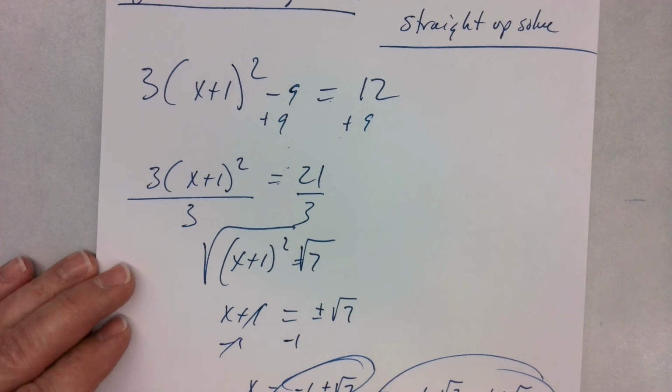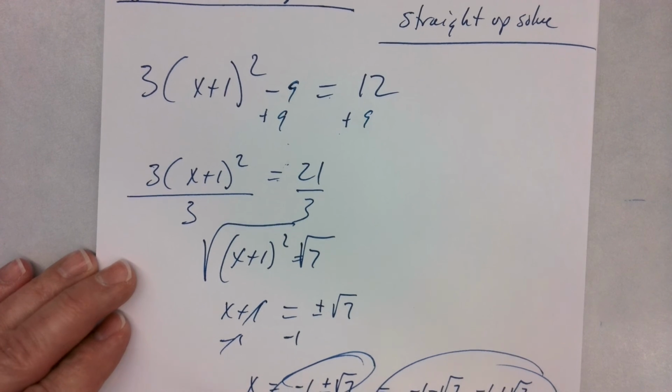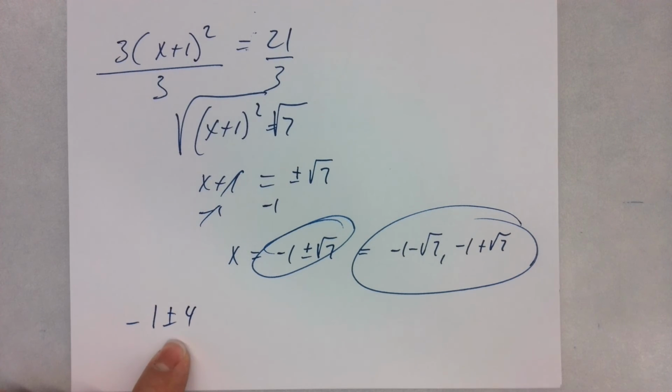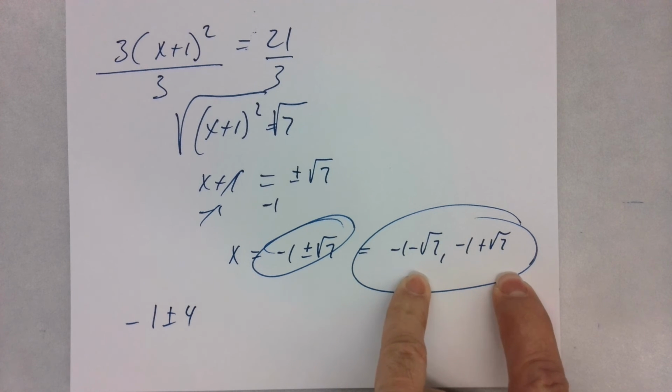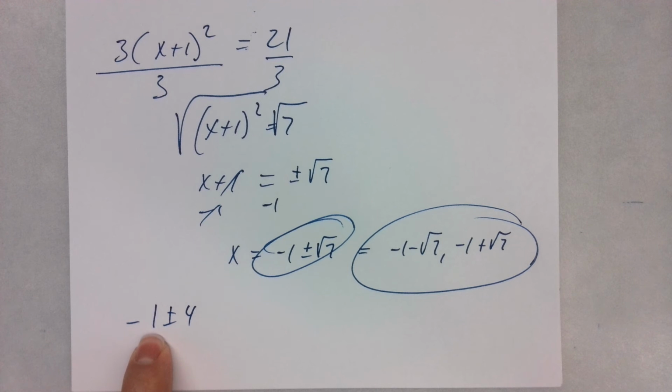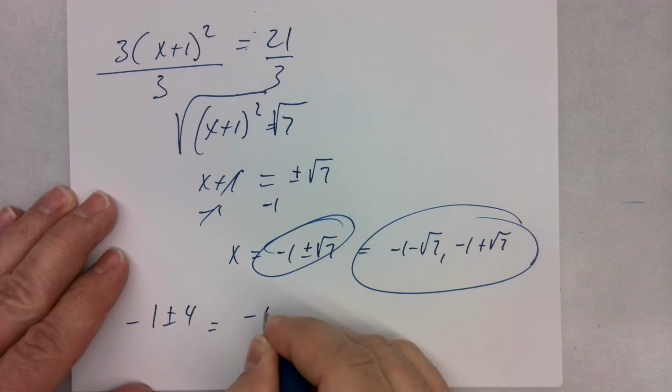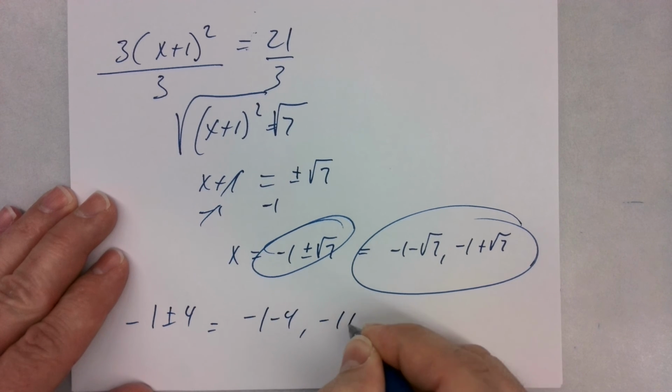Let's say I had this. What if I had it like that? Then I can simplify further. I can't go past this, can I? So did this do me any good? No. Can I go past this? Yes. -1 minus 4 and -1 plus 4.